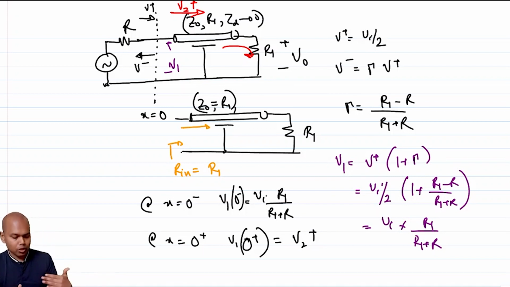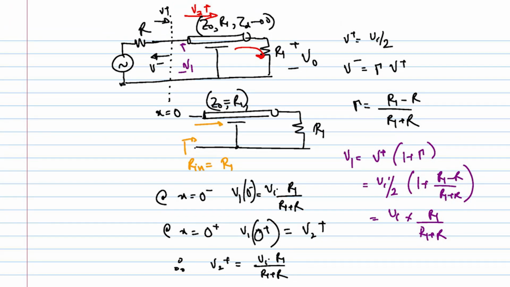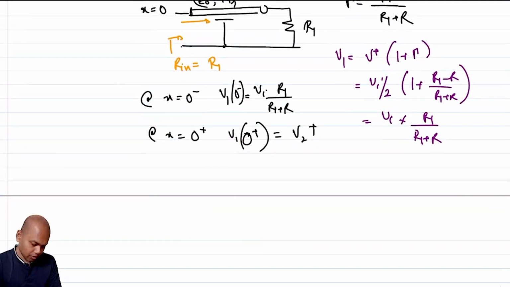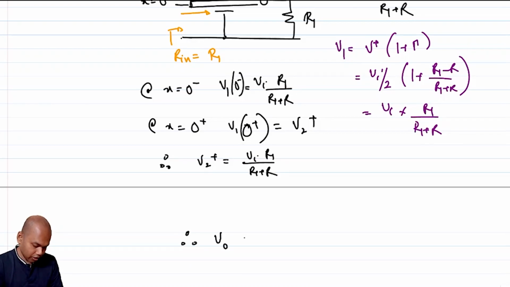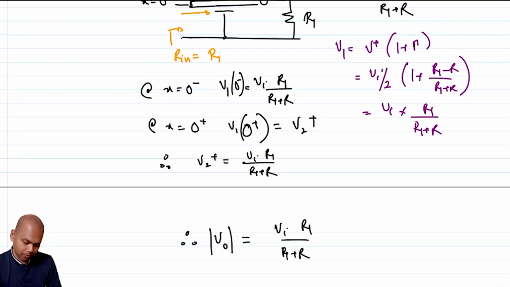And because there is no discontinuity, V1 at 0 minus is equal to V1 at 0 plus. Therefore your V2 plus is also equal to Vi R1 by R1 plus R. Therefore your final V naught is basically a delayed version of this. If I just say, mod of V naught would be Vi R1 by R1 plus R.